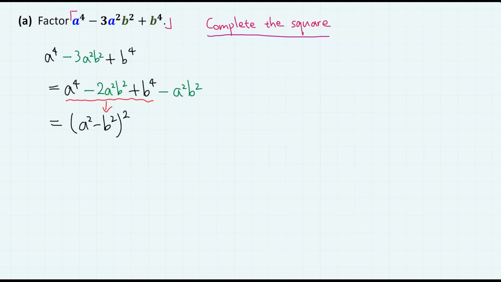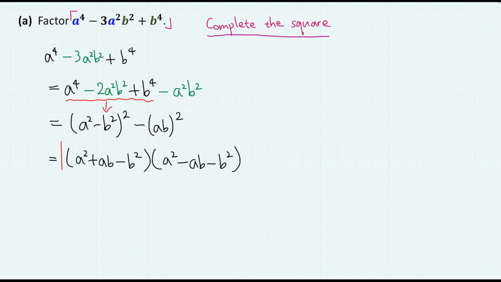And the last term is also a square, ab squared. So we can apply the square minus square formula to obtain a² plus ab minus b² times a² minus ab minus b².